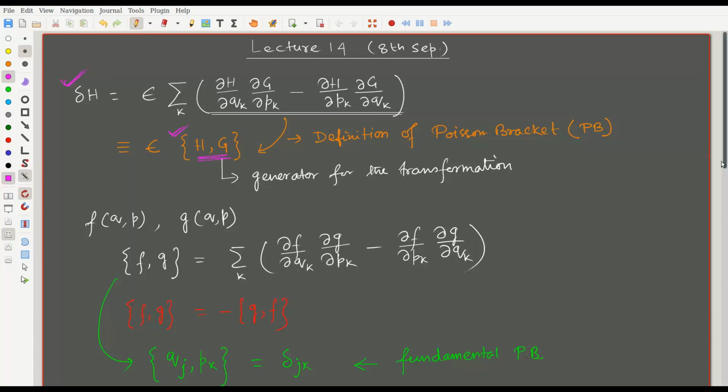So by the classical version of the Heisenberg equation of motion, if G Poisson commutes with H, then G is a constant of motion. But from the other one, I see that if G Poisson commutes with H, then G generates a symmetry of the Hamiltonian. So there is again a connection between symmetry and conserved quantities in classical mechanics, and this is again Noether's theorem in a different language. So this is again Noether's theorem.